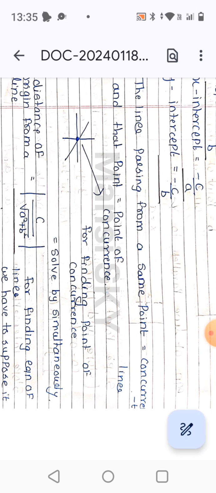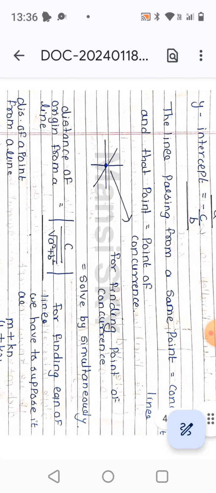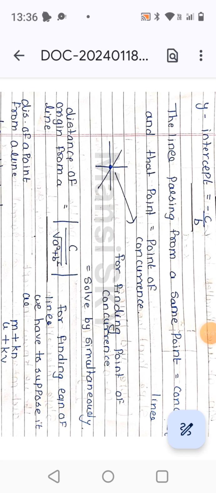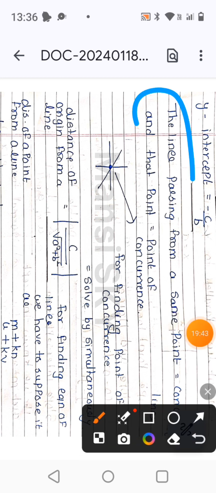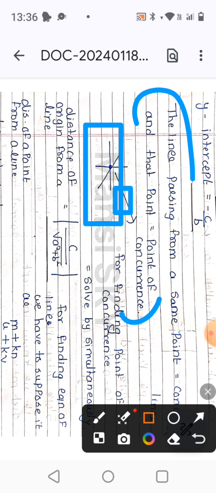So the lines passing through a single point are called concurrent lines, and the point through which the lines are passing is the point of concurrence. The definitions for these two are written here. You can see the diagram also. With the help of the diagram, I hope you can understand the whole thing and grasp the concept.